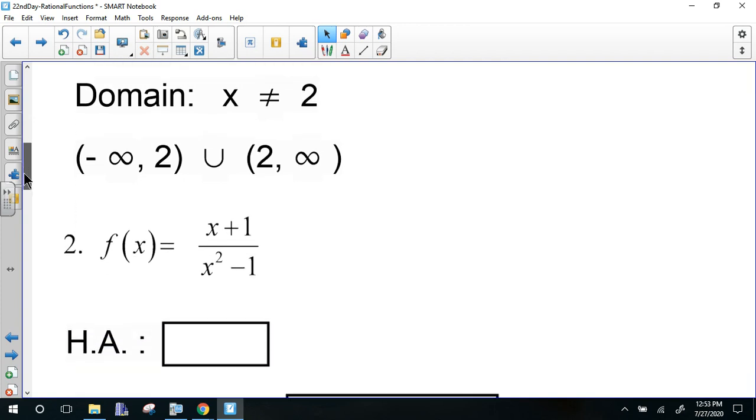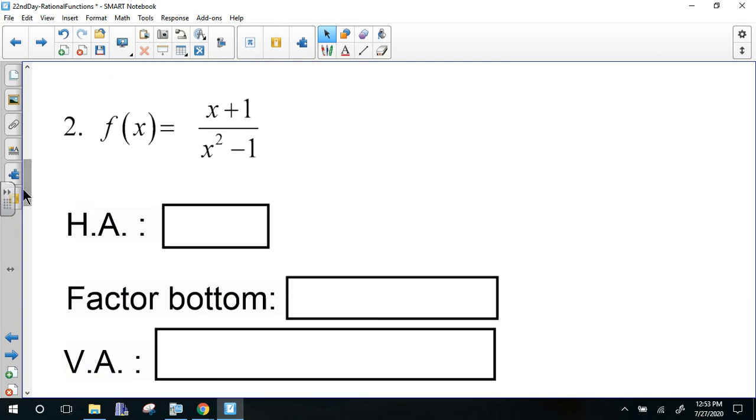All right. Next example, horizontal asymptotes. We look at the exponents, 1 on the numerator, 2 on the denominator. That is a horizontal asymptote of y equals 0. We can factor x squared minus 1.